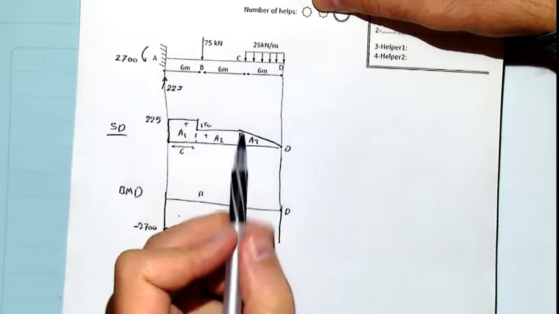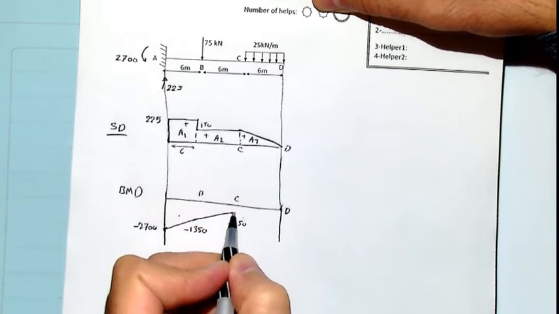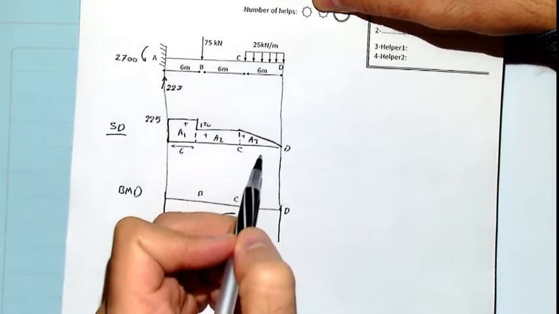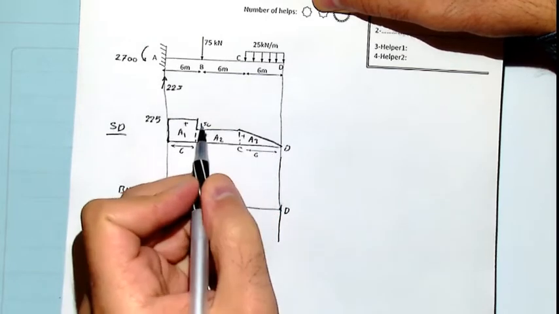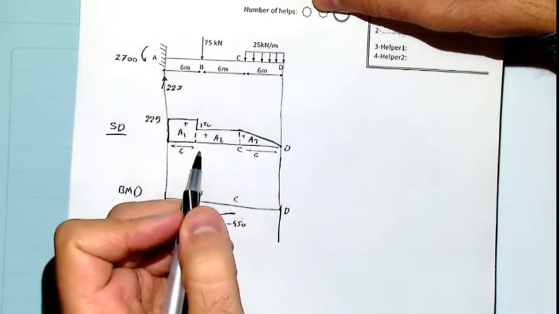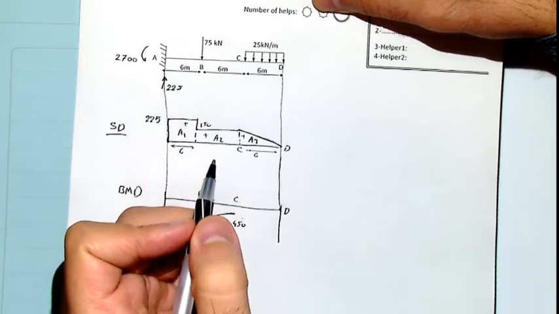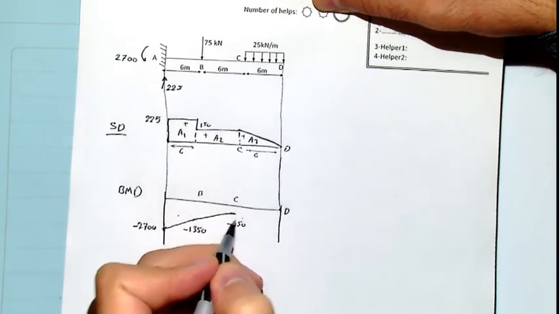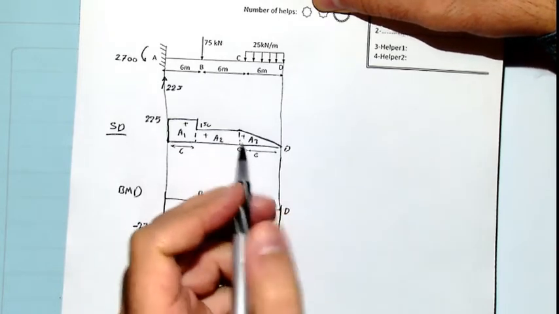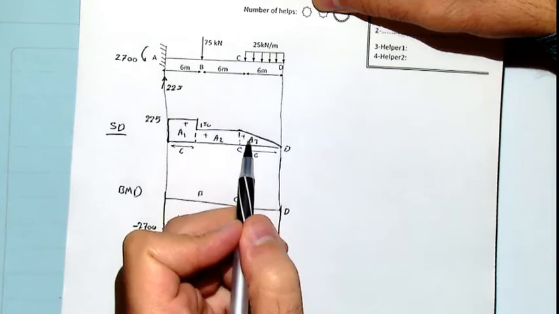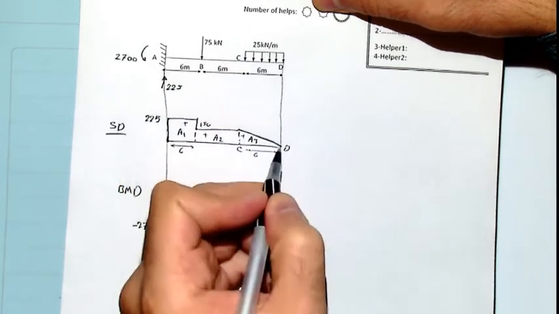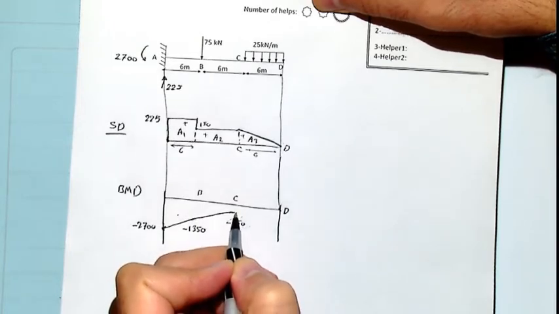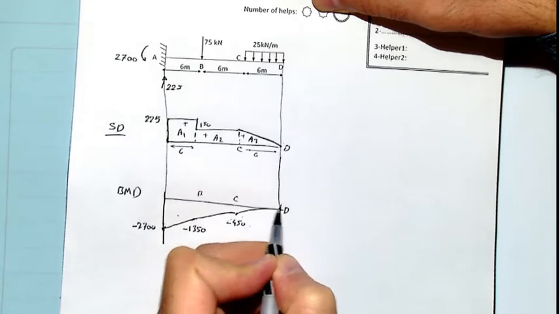We have to add A3 to this value. So we add it. The area is 6 multiplied by 150 divided by 2, and the answer plus this value. Now it's decreasing because it's 150, it reached to 0, so because it's decreasing, it should be decremental, so it would be something like this.